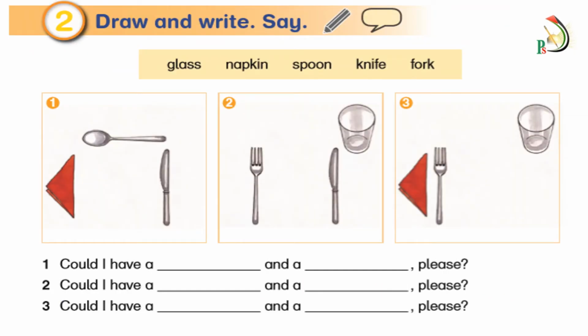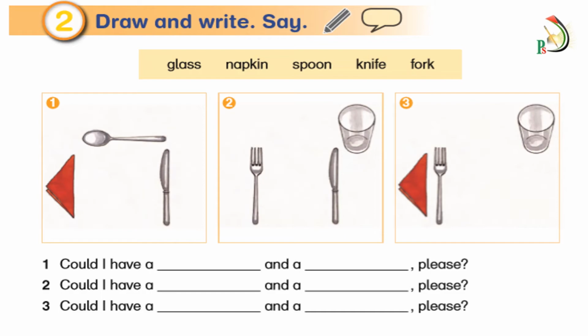Let's move to activity number 2. Draw and write. Say. Look at these 3 pictures here. Picture number 1, 2, and 3. I want you in this exercise to imagine that you are at the restaurant and you want to ask for something, okay?